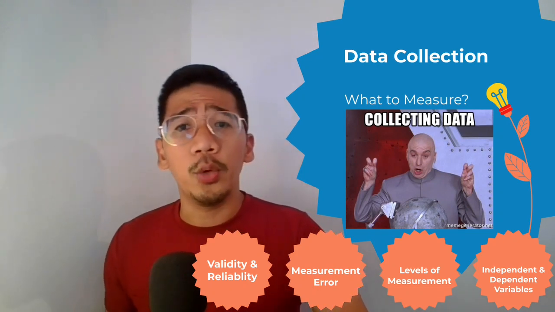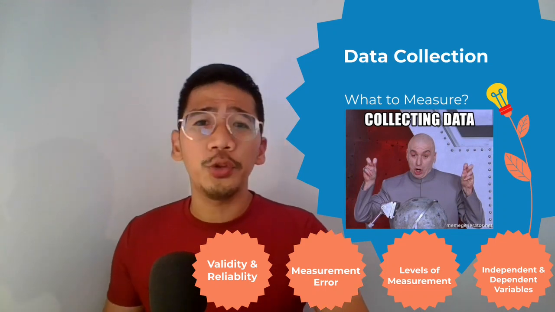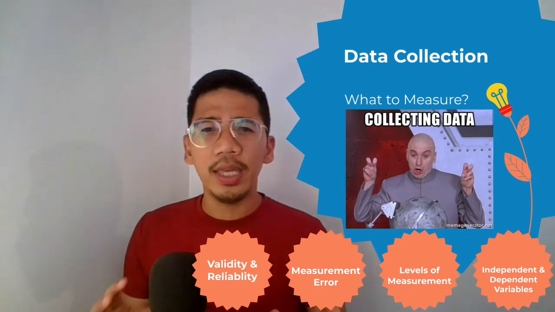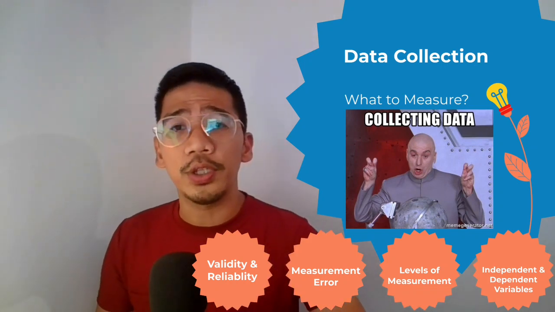When we collect data, we need to decide on two things: what to measure and how to measure it. So this video focused on the first of these issues. To test hypotheses, we need to measure variables.